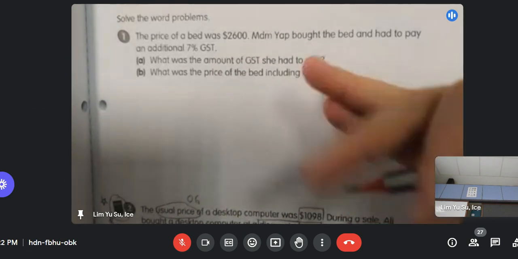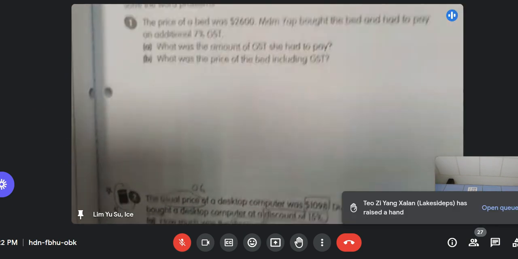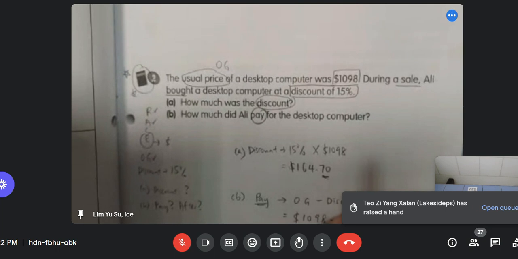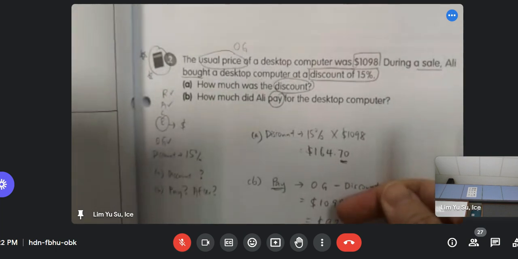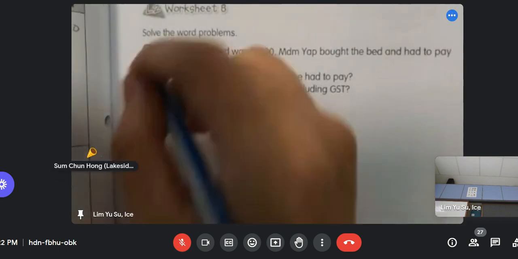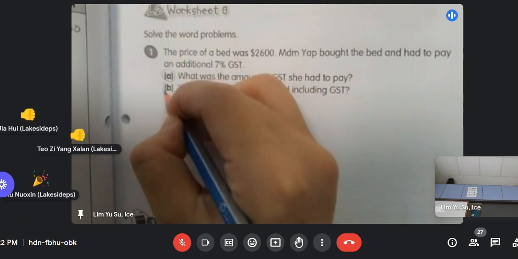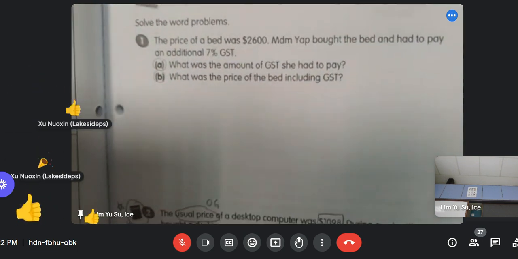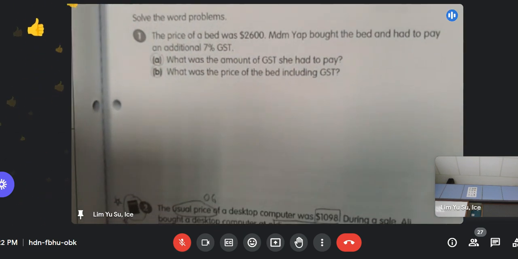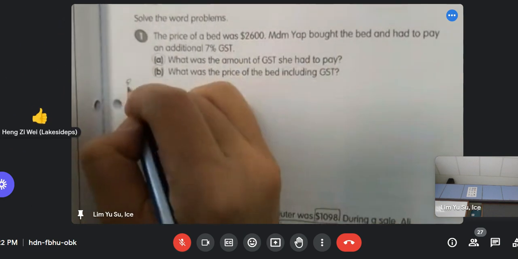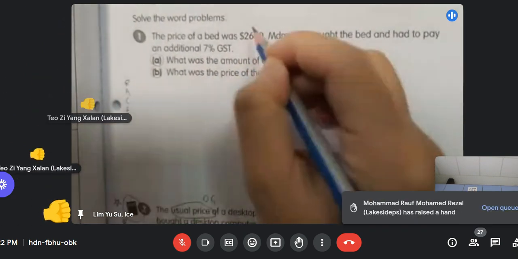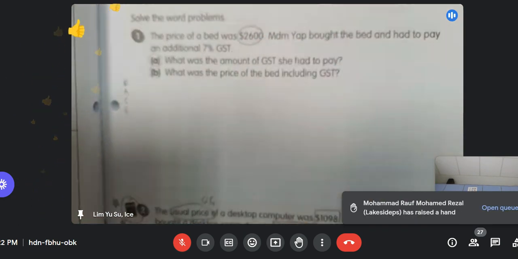You notice the structure is almost the same as the previous one. There's part A, part B. The price of the bed was $2,600.